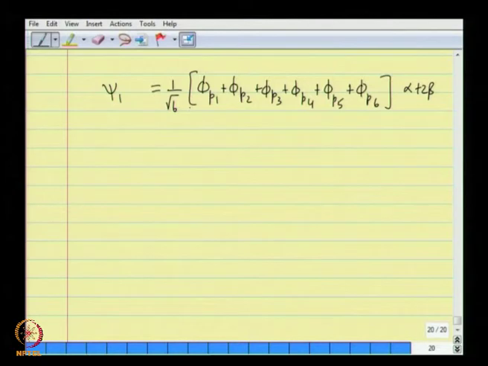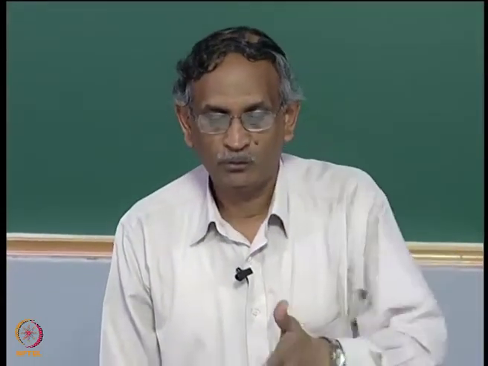It is normalized. You can see the contributions of the individual orbitals, phi p1 squared, phi p2 squared, each one is normalized, and therefore psi 1 star psi 1 d tau, if you do that and neglect the overlap as we did in Hückel molecular orbital theory, is 1 by 6 multiplied by 6, and therefore the wave function is normalized to 1.